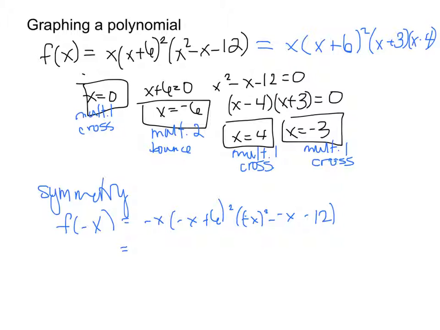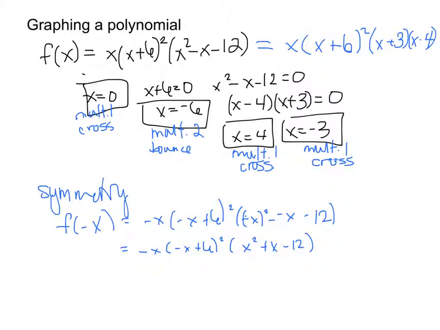If we start to simplify this, we have negative x, times (negative x plus 6) quantity squared, and then (negative x) squared is just x squared, plus an x, minus a 12. Hopefully when you look at this, without even having to expand everything out, we can see that this is not going to be even.